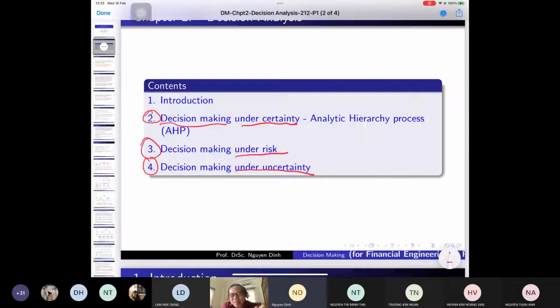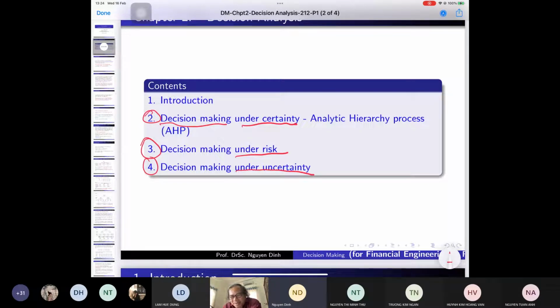For example, this afternoon it may rain, but you don't know if it will rain or not, but it's about 60% that it will rain this afternoon, a probability of 60%. Another is decision making under uncertainty.